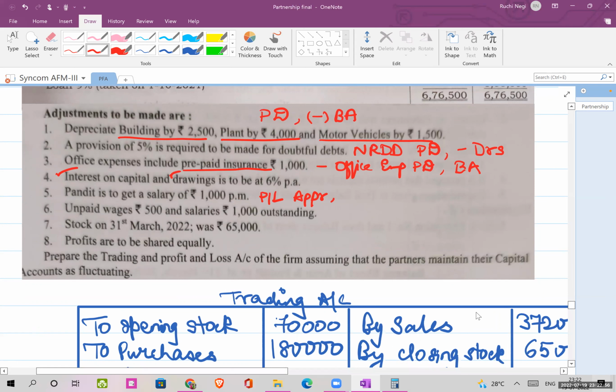And the second effect will be the capital account of partners. P&L appropriation debit side and partners' capital credit side.